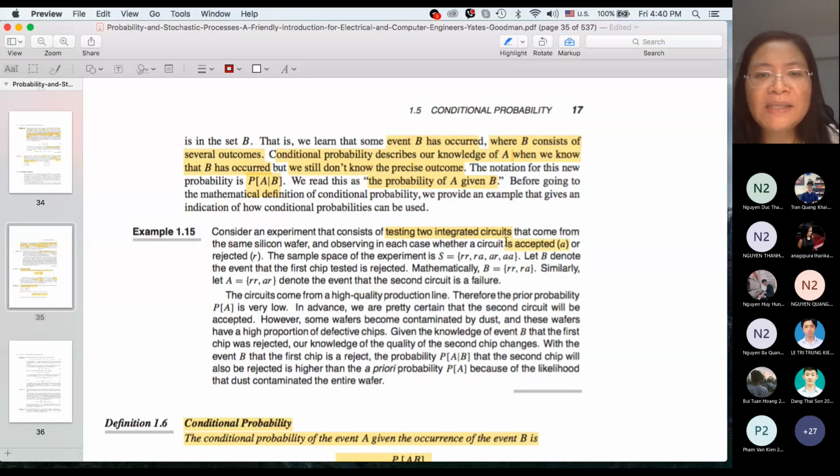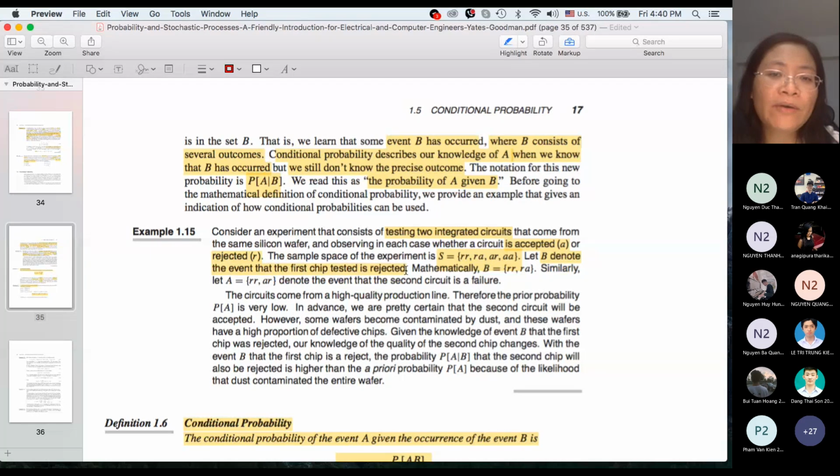If a circuit is accepted, it is A, or if rejected, it is R. We are testing two integrated circuits, so the sample space of the experiment is S, which is RR, RA, AR, and AA. And B denotes the event that the first circuit tested is rejected.